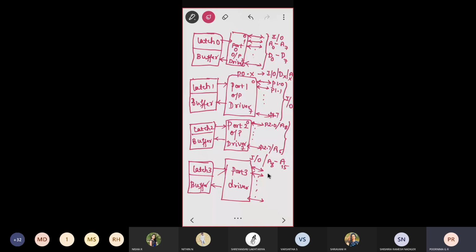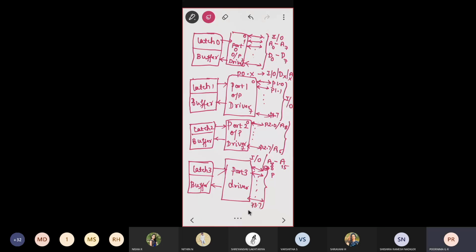If you have studied electronic devices thoroughly, you might know by this time what a driver circuit is. P3 dot 0, it ranges from P3.0 and goes up to P3.7.